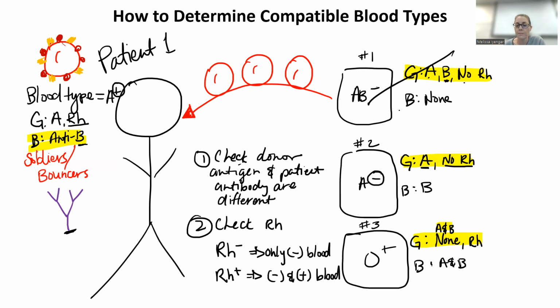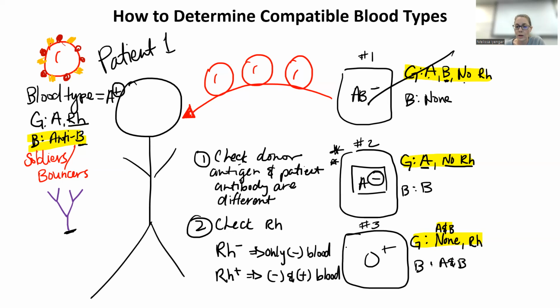So we did that. So now we're going to go back to A negative, right? And we're going to look at A positive. So remember, A positive can accept anything. So, all right, cool. So I can say that my A negative is a compatible blood type. So perfect. I'm going to put that bag in my cart and take it over to my patient. I can do that transfusion.